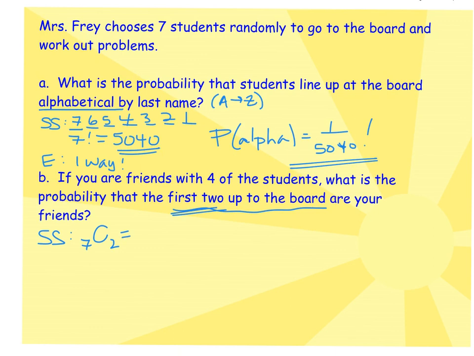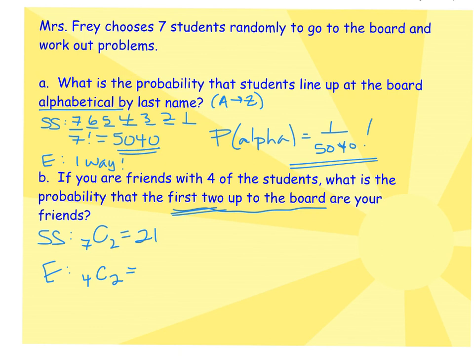7C2 are all the ways 2 students could go up to the board from that group of 7. If you plug that into your calculator, there are 21 different groups of 2 out of the 7 selected. Now your event is based off of knowing that 4 of those students are your friends. So out of the 4 students that you're friends with, how many groups of 2 could be selected from them?